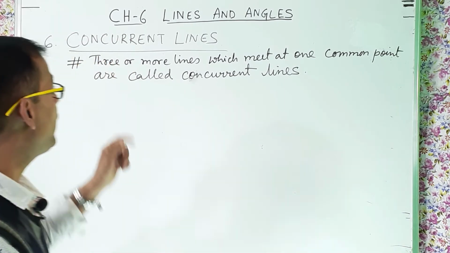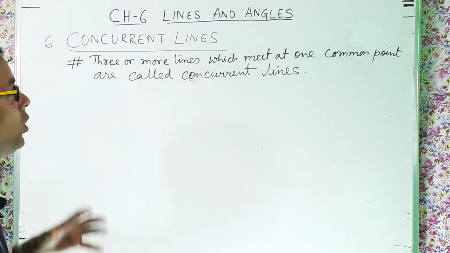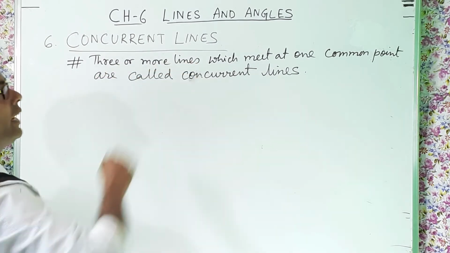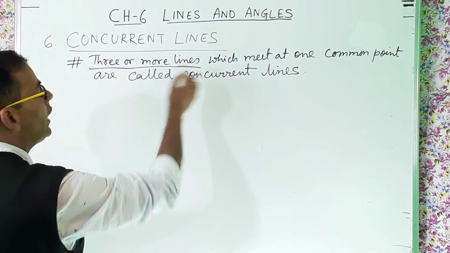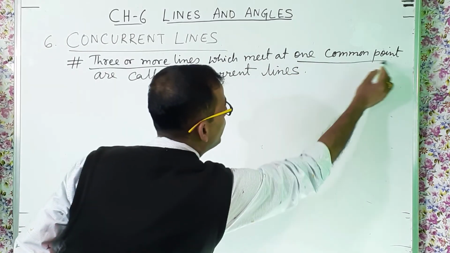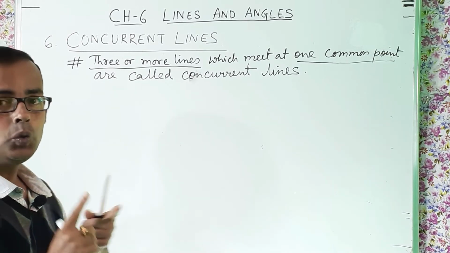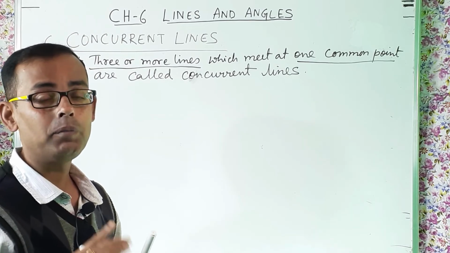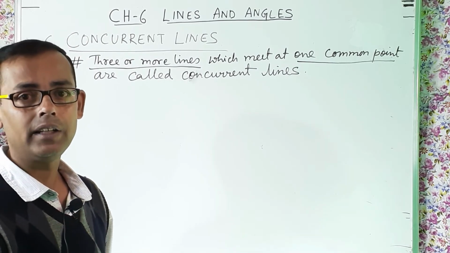Now, let us come back to the next term, that is concurrent lines. So, what are concurrent lines? Three or more lines which meet at one common point are known as concurrent lines. When two lines meet each other, they are known as intersecting lines, but when three or more meet, they are known as concurrent lines.